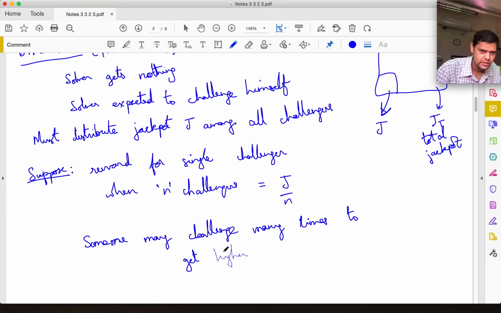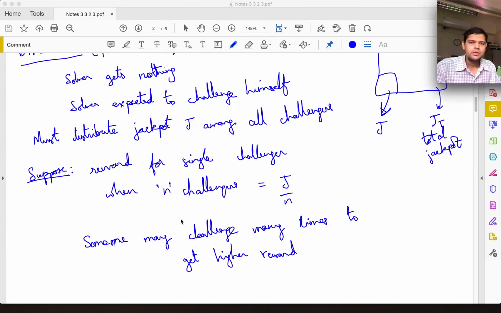So he gets a higher reward. If somebody challenges more times, then he gets a higher reward.